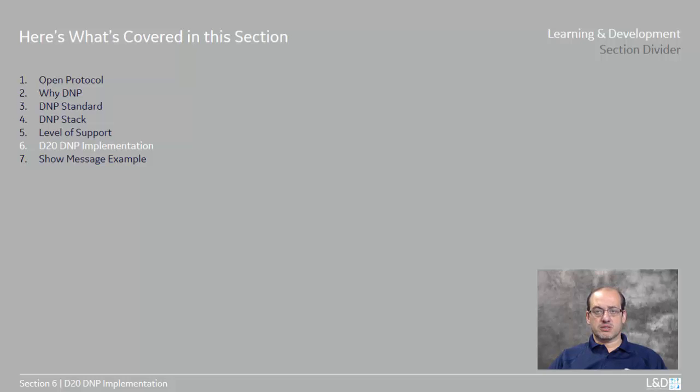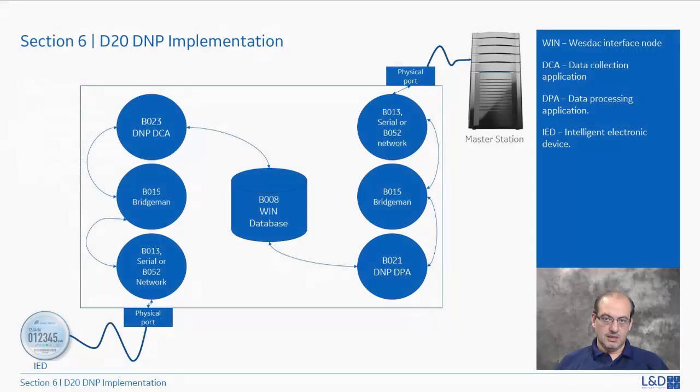In the meantime, I'll try to show you how the implementation of the D20 communication, or the D20 platform of the DNP standard, took place. In the middle of the picture, we see the device, the remote terminal unit that's between the master station and the IED in the field.